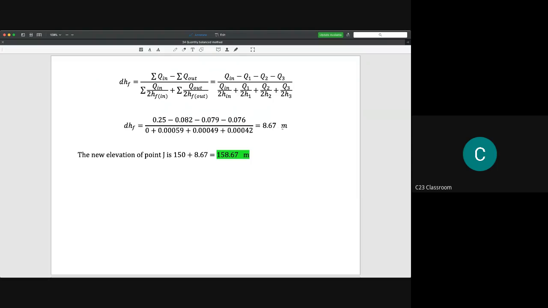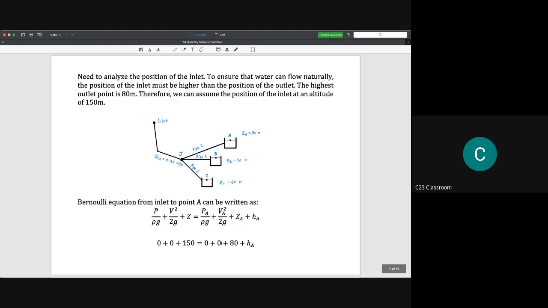So what do we need to do with this one? If we see the calculation here, we found that the losses here are closely related to the elevation. So we just minus the value of elevation here to get the value of losses here.